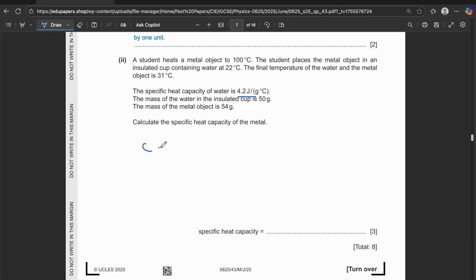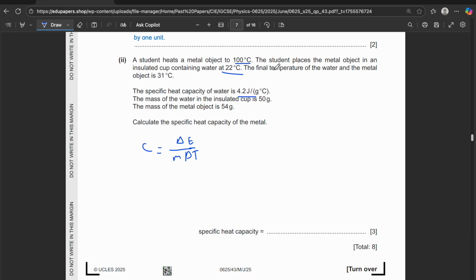Before we do anything, we can write the equation down: c = ΔE / (m ΔT). So we need the change in energy, and then the change in temperature. Firstly, the metal is at 100 degrees Celsius, and the water has this much.